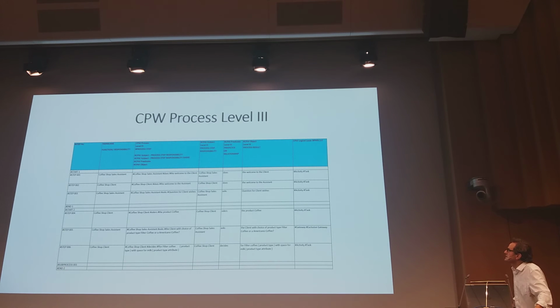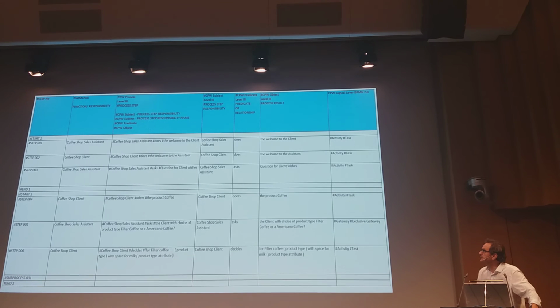So we see here the CPW process level 3. We go to the full screen of the CPW process level 3. What we see is that the process steps are even more abstracted.